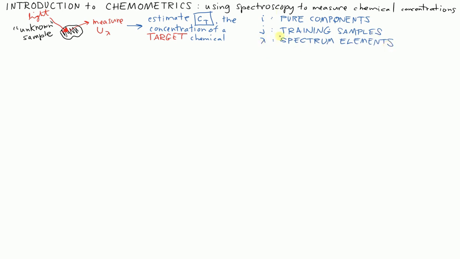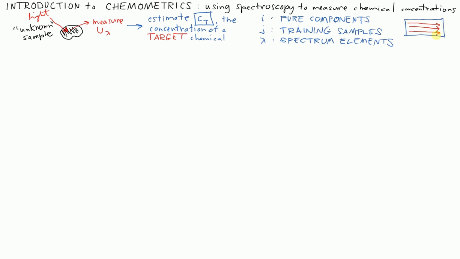Using this language of indexing, if I wanted to talk about the spectra of all the pure components, I could write that as a little matrix here. Here's a little box. Each spectrum might be listed like this, with the spectral information going horizontally.